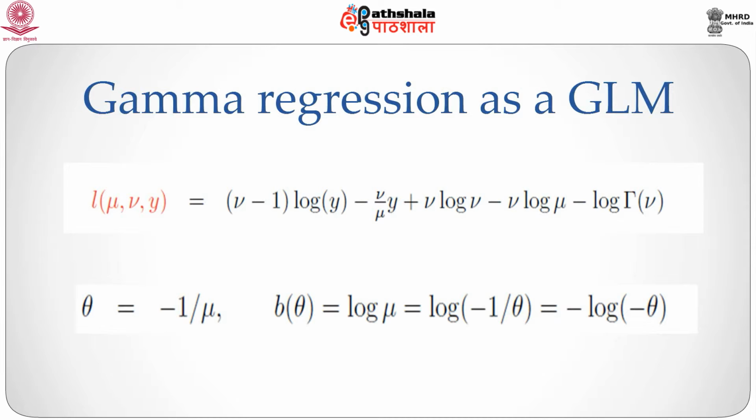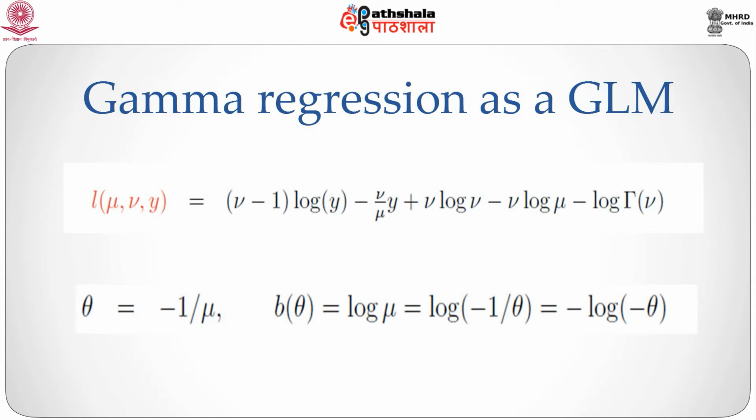Or rather, if we define phi as the dispersion parameter, then phi is equal to 1 over nu. The function b theta is given by b theta equal to log of mu equal to log of minus 1 over theta, or minus log of minus theta, which means that the expectation is given by the first derivative, which turns out to be minus 1 over theta.